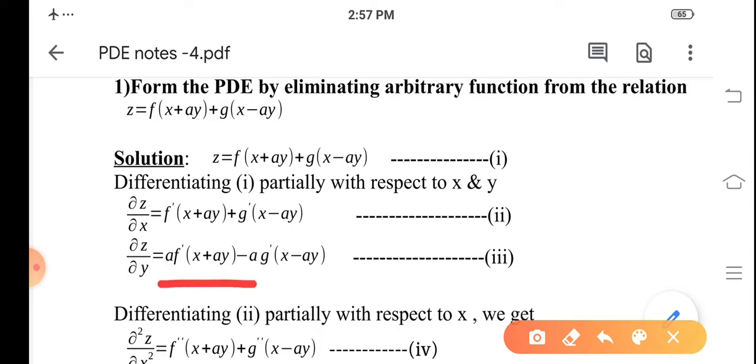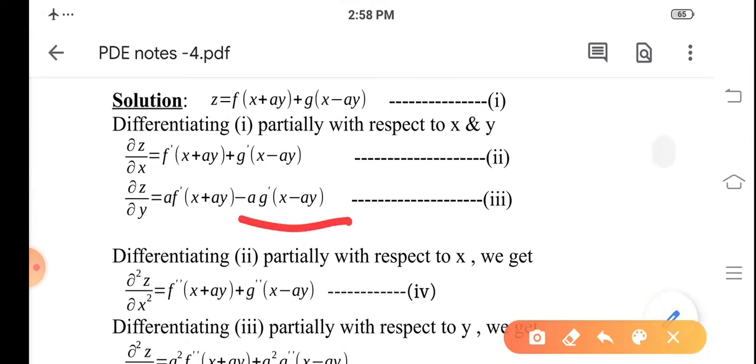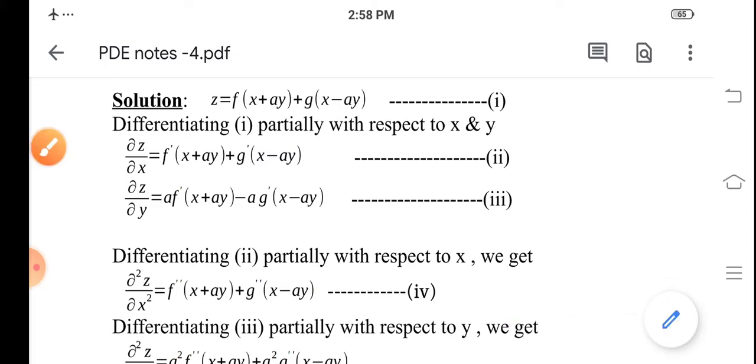So, here it becomes a into f dash of x plus ay. And partial derivative of g of x minus ay with respect to y will be g dash of x minus ay into derivative of minus ay with respect to y, that will be minus a. So, it becomes minus a into g dash of x minus ay. Take it as equation number 3.